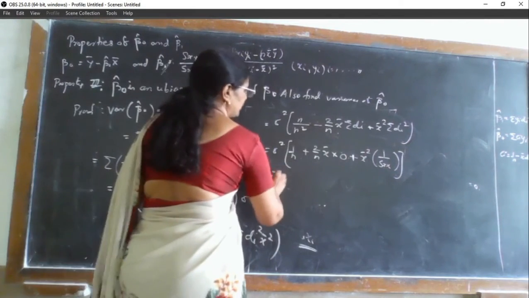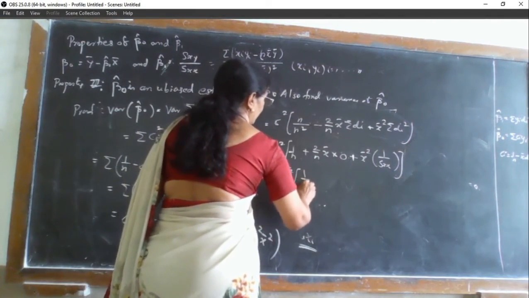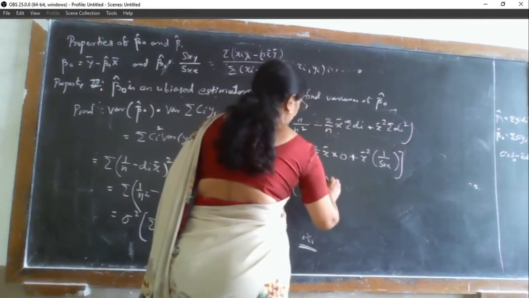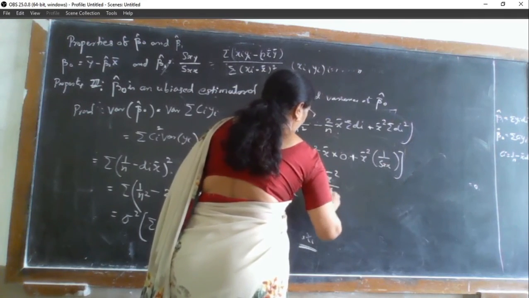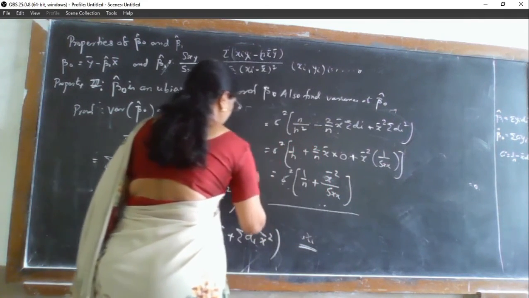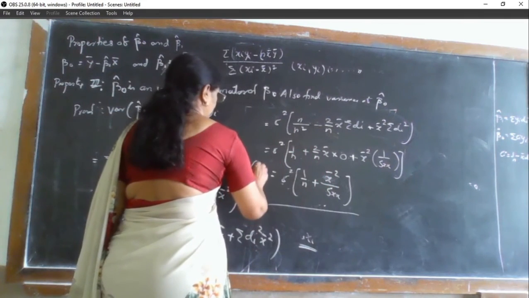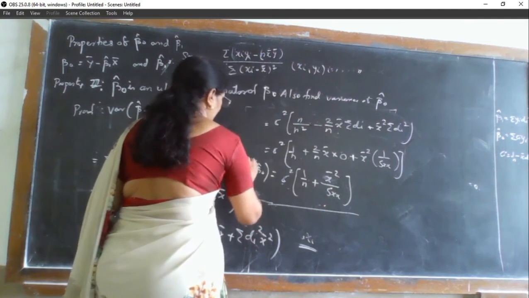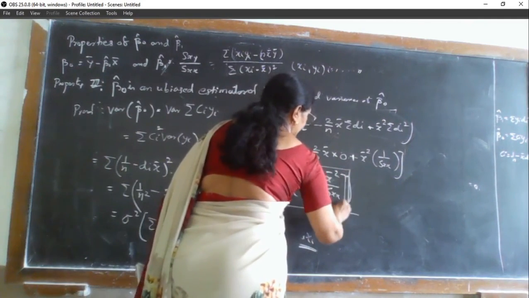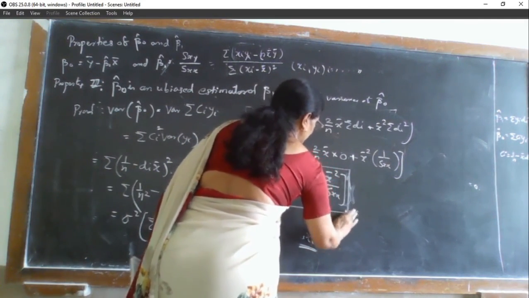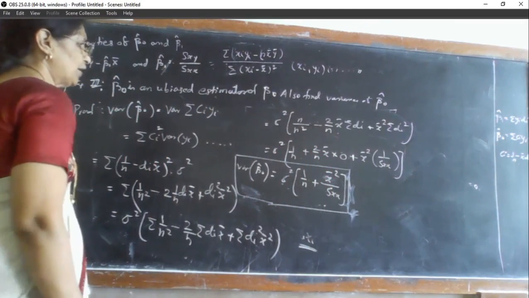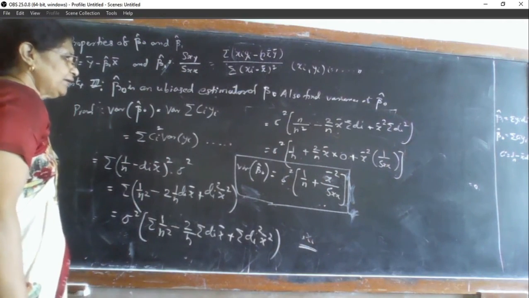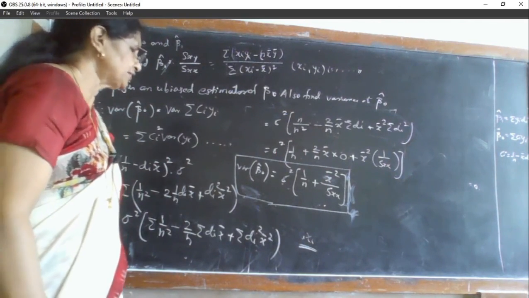Therefore, this is equal to sigma square 1 upon n plus x bar square upon sxx. So this is variance of beta naught cap. Okay. So variance of beta naught cap, you can write it as sigma square into the bracket 1 upon n plus x bar square upon sxx.